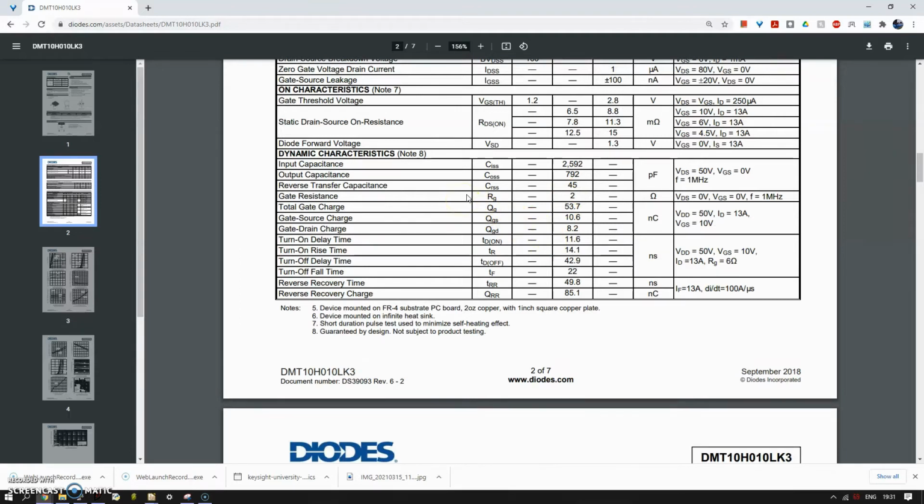Now, most good MOSFET datasheets will tell you, well, they refer to it as the input capacitance and output capacitance and reverse transfer capacitance of a MOSFET.